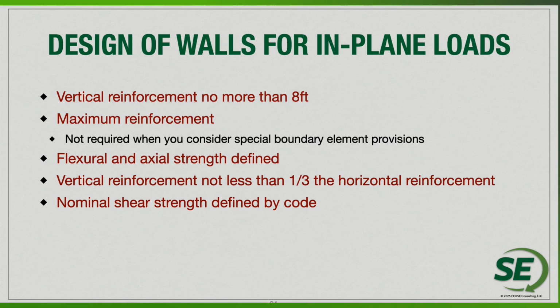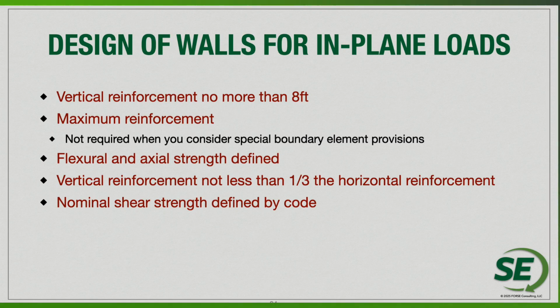Some of the other provisions within the TMS code: we know that we don't want vertical reinforcement any further than 8 feet, or 96 inches, apart. So for the ordinary reinforced masonry shear walls, we basically have an upper limit of 96 inches on center for our vertical reinforcement. If we have an intermediate wall, that drops in half to 48 inches on center.